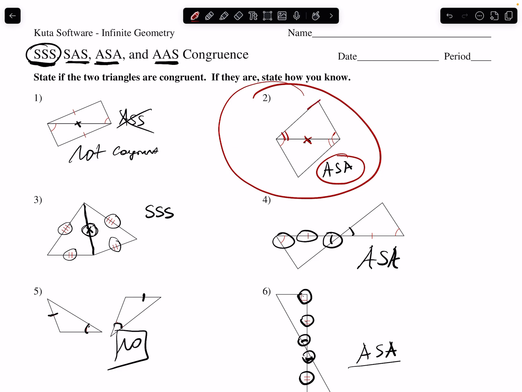Now, this shape is a type of parallelogram, right? And we talked about this, right? So when we get into quadrilaterals, we'll talk even more about this, right? So we're just cutting this parallelogram into two triangles, okay? And remember, this line will, of course, be congruent to itself, right?